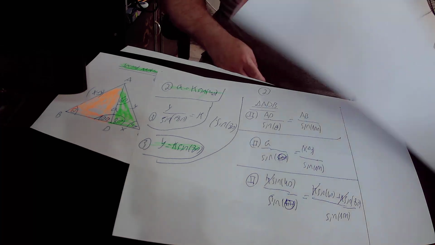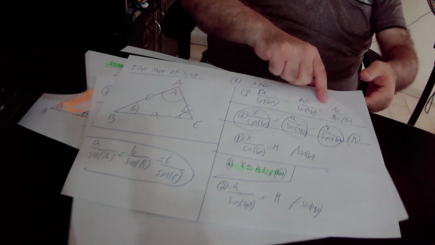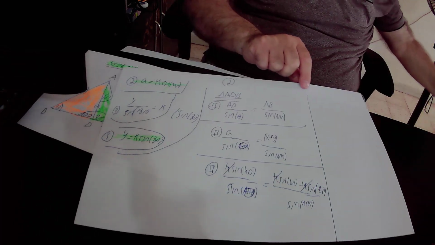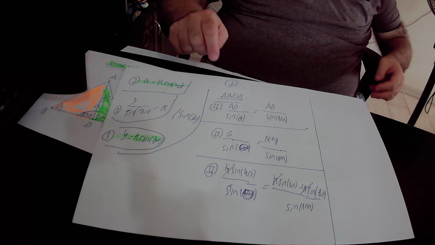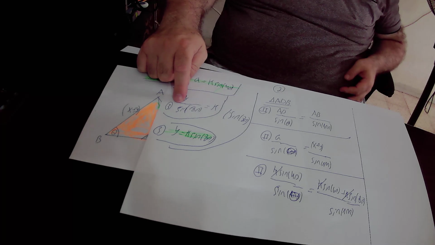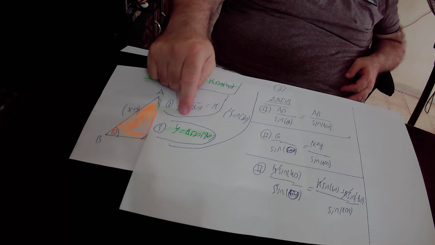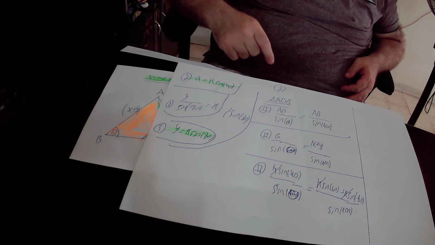And finally, those two expressions are also equal to each other, so we can write down that according to equation number 3, y over sine 80 degrees equals K. We multiply this equation by sine 80 degrees and found out that y equals K times sine 80 degrees.